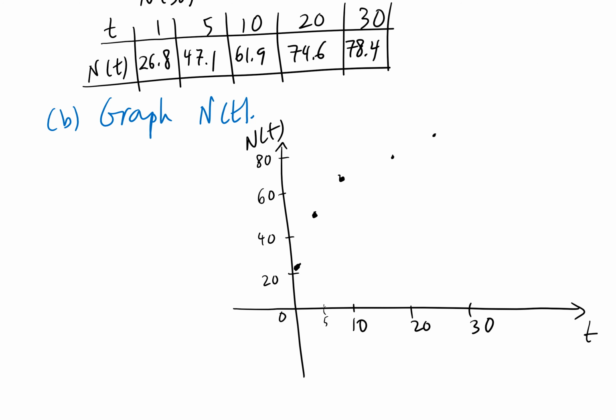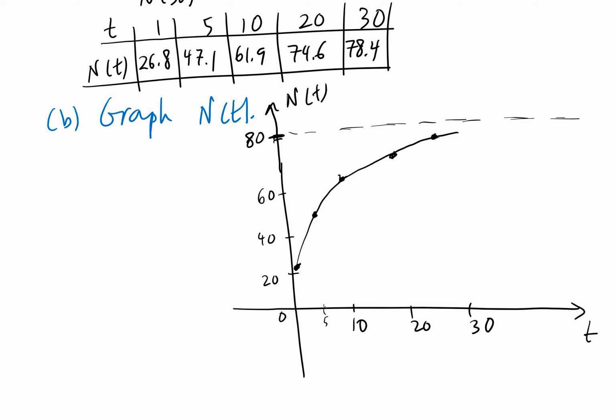So it's growing and is getting closer and closer to some number. It seems it's getting closer and closer to 80. So if you extend this line, the graph is getting closer and closer to 80.